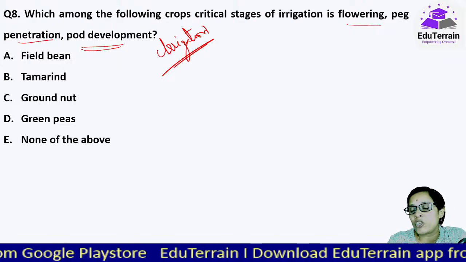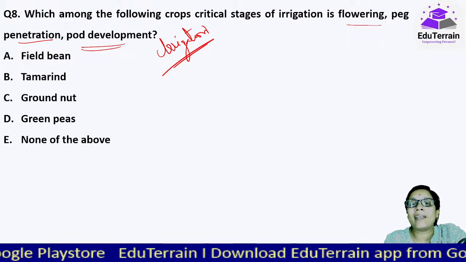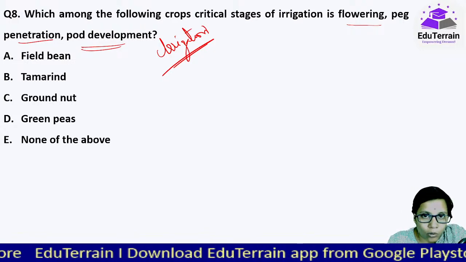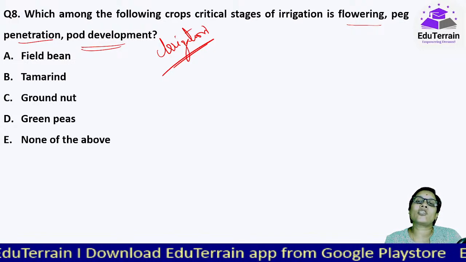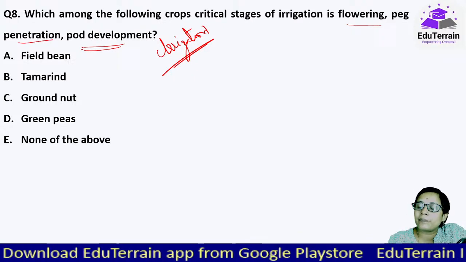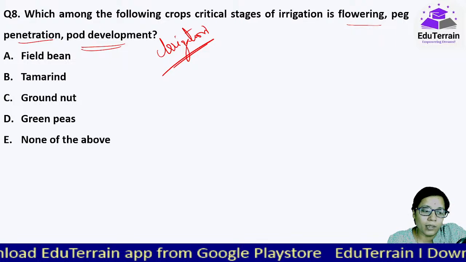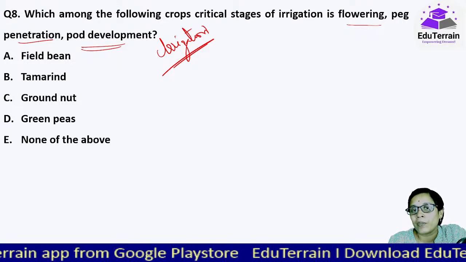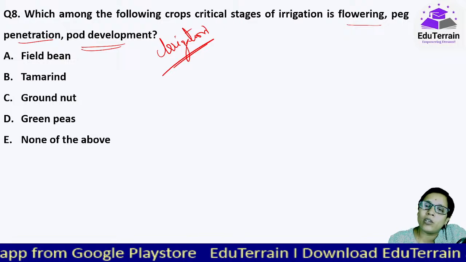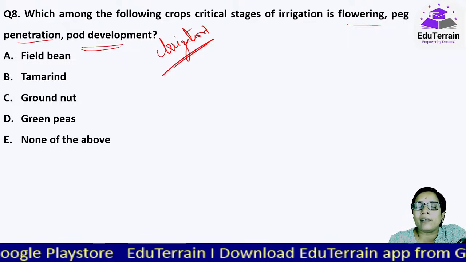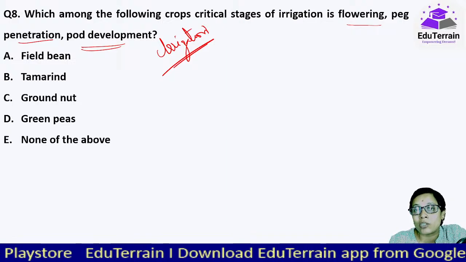If we are not able to provide irrigation or water during this growth phase of that crop, there is a high chance that it would impact the production in a very negative manner. The production can fall down drastically. So every crop has its own critical stages of crop growth, and during that time, irrigation is very much essential.